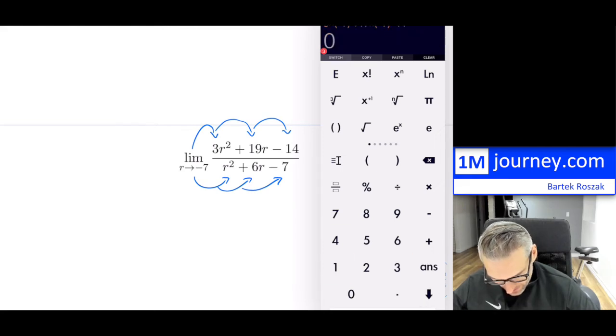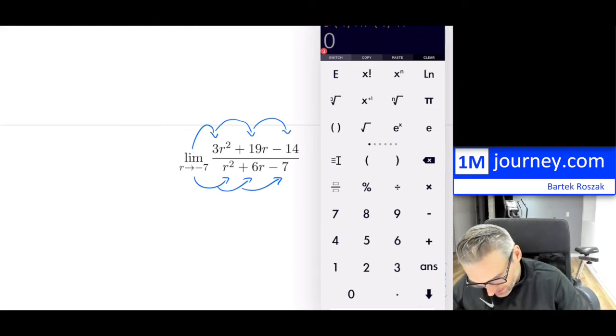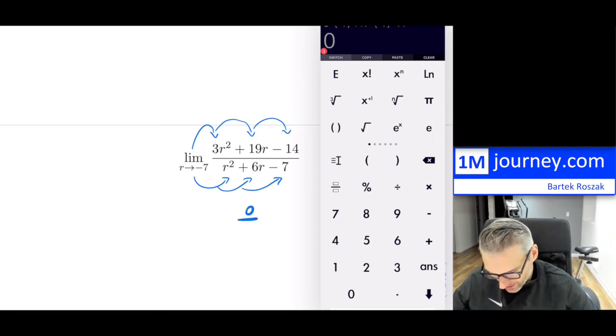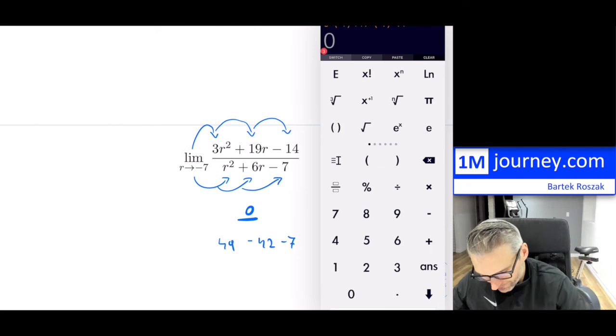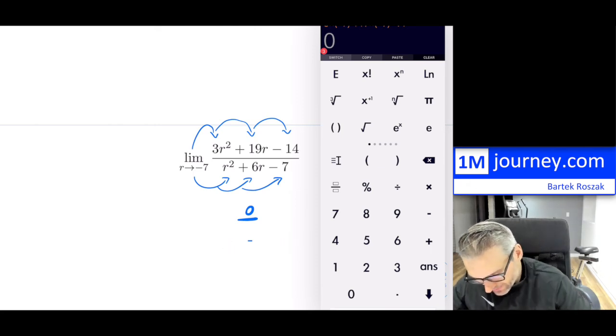Is this 0? It's 0. Okay. So that's 0. And then in the denominator, I have 49 minus 42 minus 7. That's another 0 there. So once again, I have indeterminate.